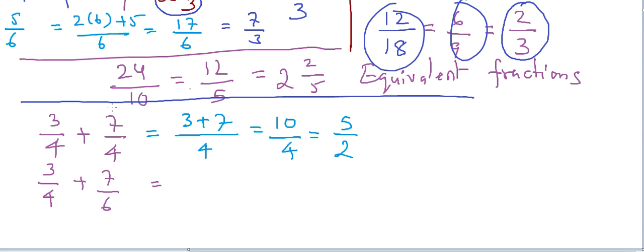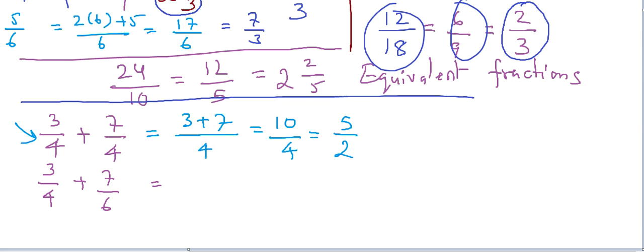Of course in the first case the denominators are 4, so the LCM is again 4, but they are like fractions, so you just have to add the numerators and put the common denominator as 4.